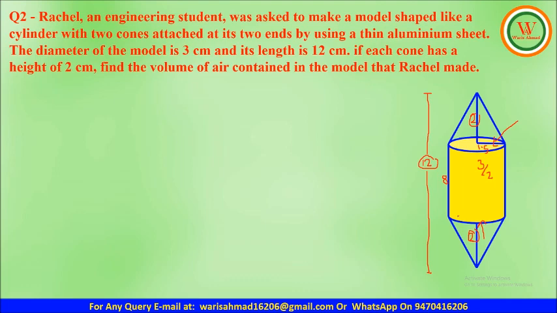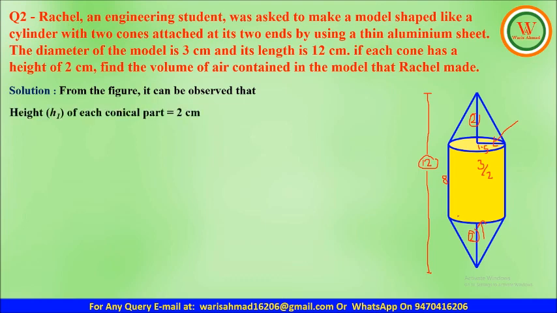So let us see the solution of this question. In solution we can write that from the figure it can be observed that the height h1 of each conical part is equal to 2 centimeter. Here I have taken the height of each conical part as h1.